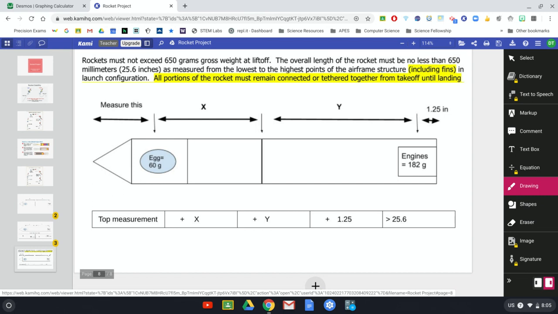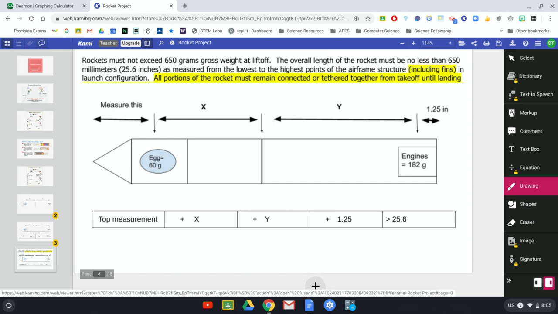So that means that we have to measure from the tip of the nose cone all the way down to the fins, and that has to be no smaller than 25.6 inches. Now, I know we haven't talked about the fins at all, so you might have a little bit of length added to this based off of the fins, but as just a rough estimate, it's good to just go with the bottom of the rocket.